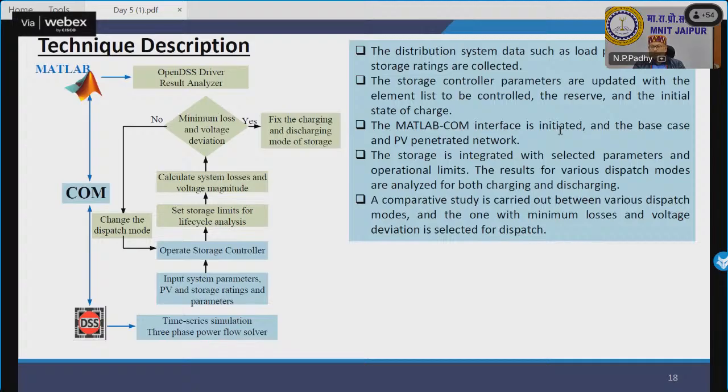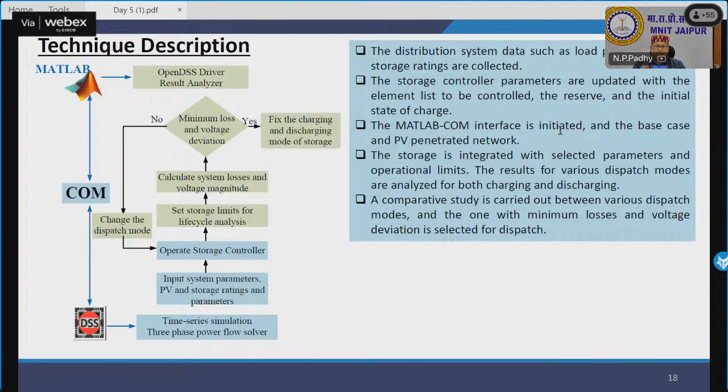The inputs are system parameters, PV and storage rating and parameters, time series simulation, and the three-phase power flow solver. What I wanted to say is that the blue one is coming from one server, and the brown one is coming from another server, and one is helping the other.